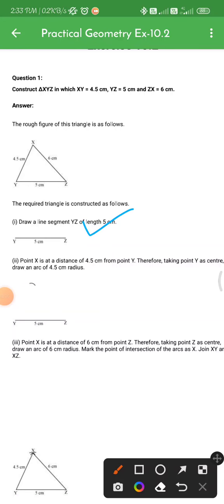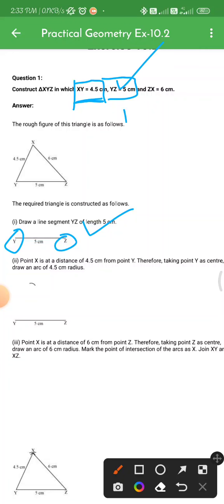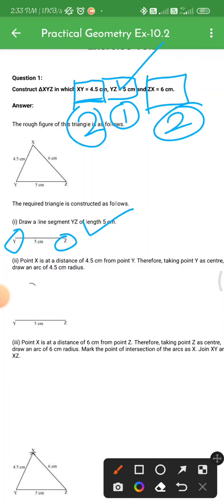Now we have two points, Y and Z. ZY is 5 centimeter, which we have done in the first step. Now see here, XY is equal to 4.5 centimeter and ZX is equal to 6 centimeter. So we have to use these two side measurements in the second step.